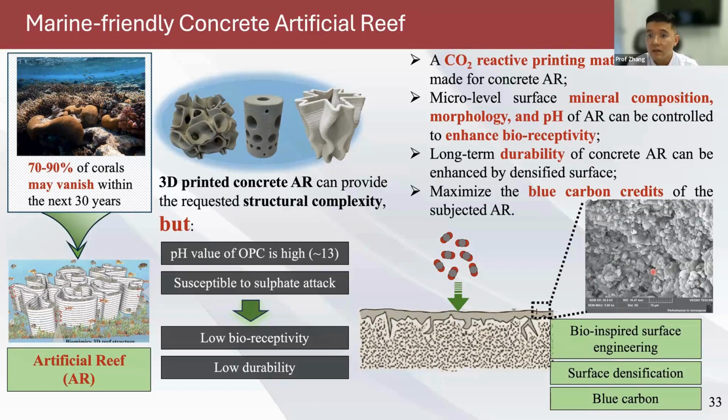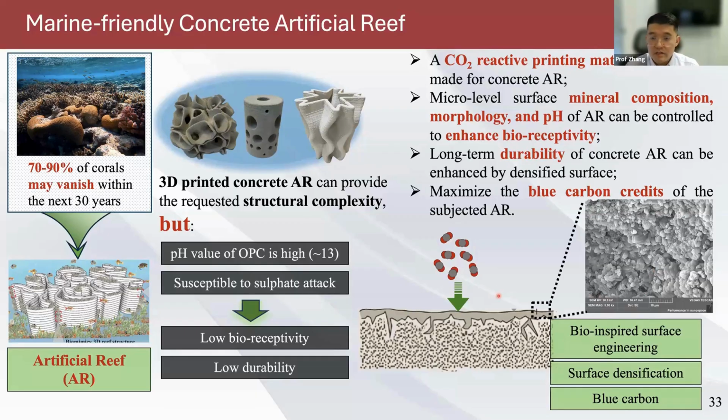So it has a fantastic bioreceptivity. And because we formed a very densified surface on the coral reefs using this mineral, the long-term durability of concrete can be enhanced. And we found that this material can continually sequester carbon, the bicarbonates in the ocean. And we can actually achieve a blue carbon capture function with this type of artificial reef.